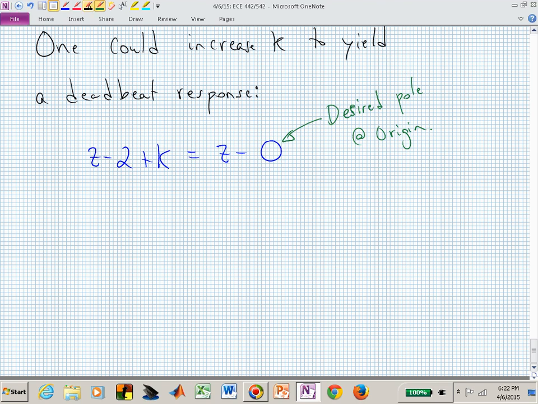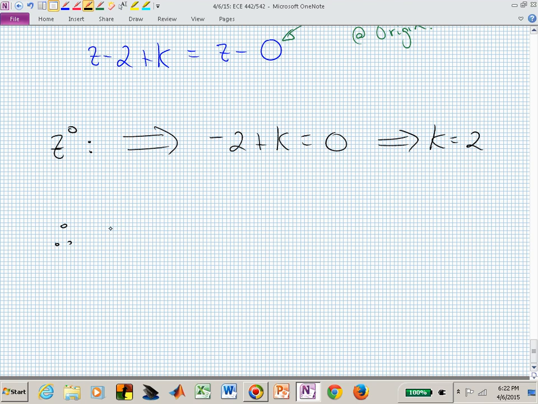And if we now equate coefficients, and in particular the constants, we have minus 2 plus k equaling 0, or k is now equal to 2. What's the closed loop transfer function now for that choice of controller? C of z is now equal to 2. What's t sub c, capital T sub c of z?